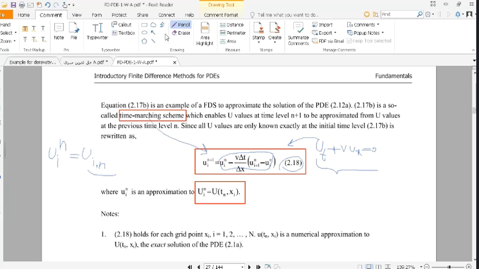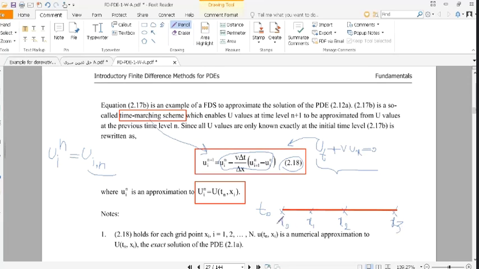For example, suppose we are at t0, okay? And t0 is 0. We are at t0. And for x, we have x0 and then x1 and then we have x2 and for example finally we have x3.